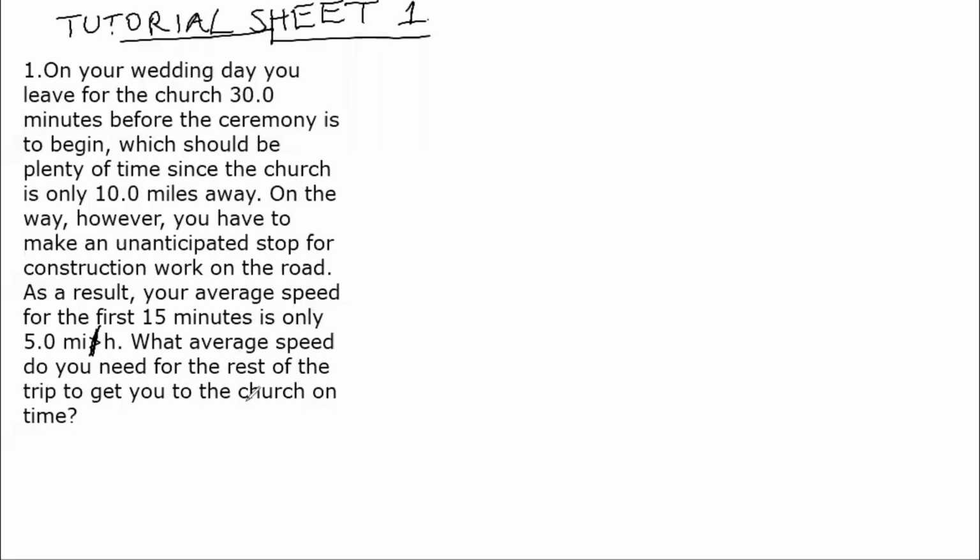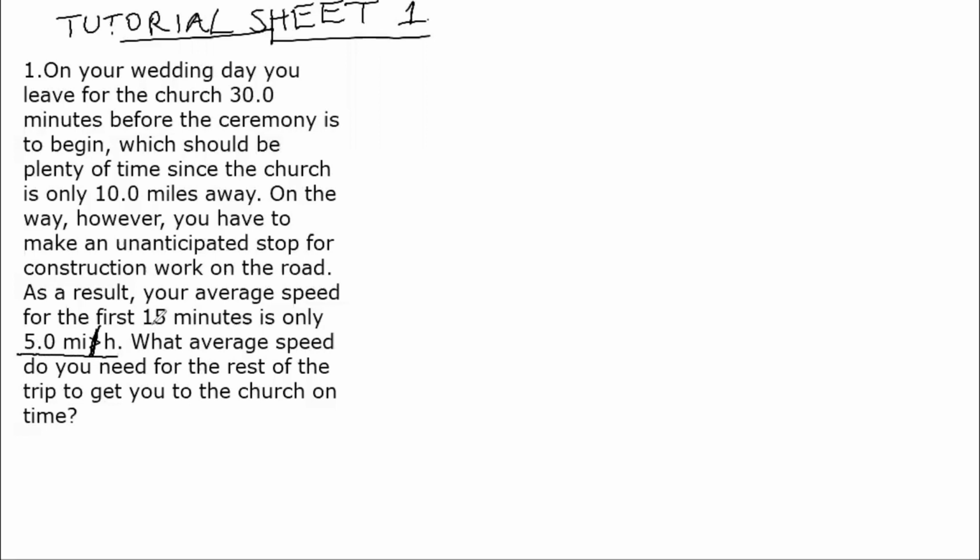So here we have a situation where you're coming from home probably, and you want to go to church for a wedding ceremony. On the first part of the trip, because there are construction works going on the road, you can't drive so fast, and you can only drive at an average speed of 5 miles per hour.